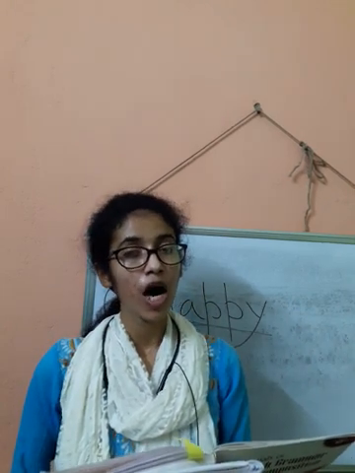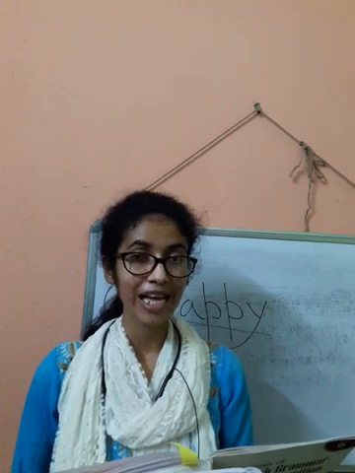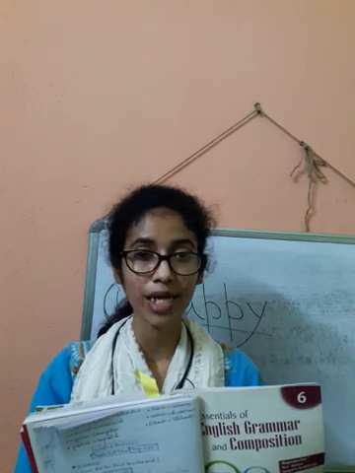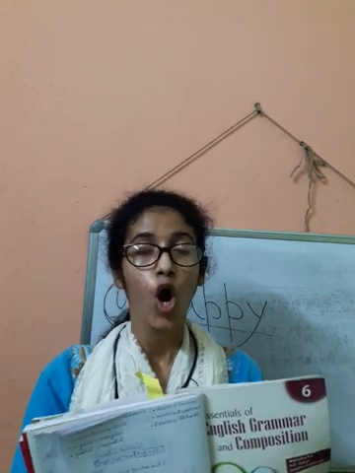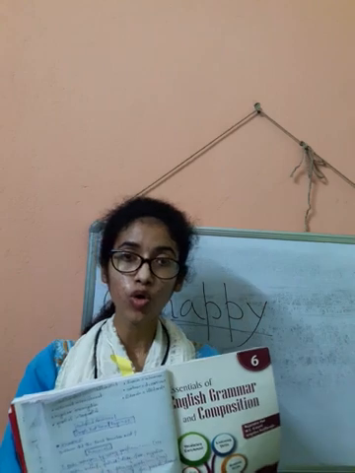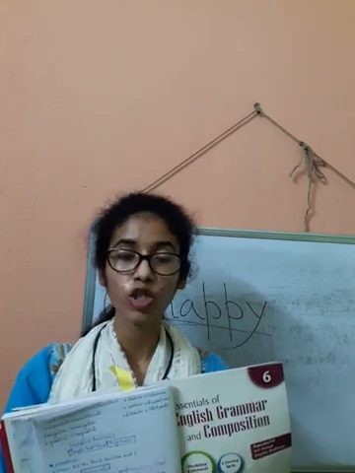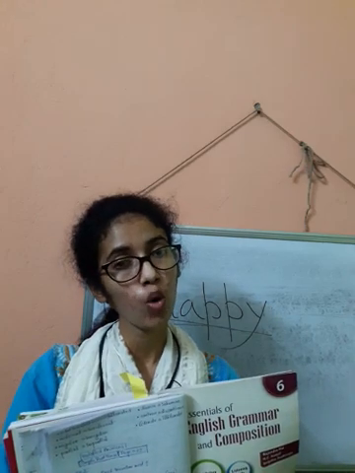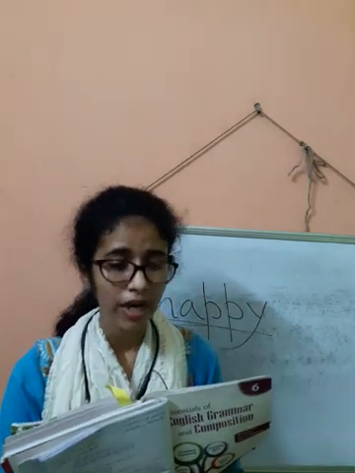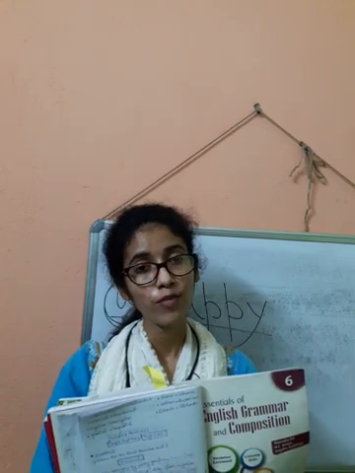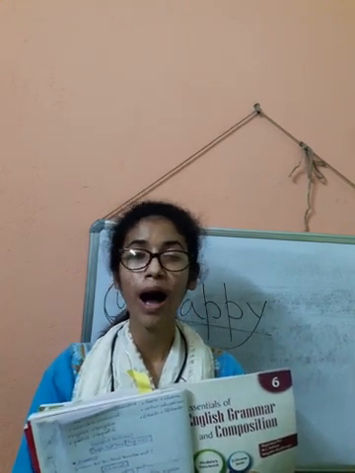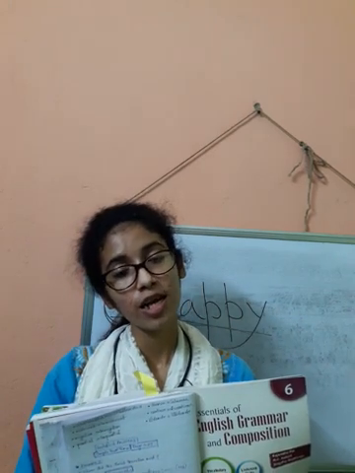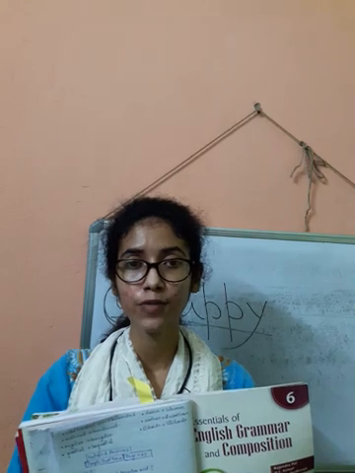But if a noun is used in a sentence as an object, how to detect the object? You need to frame questions after the verb with the words what or whom. So Navonita loves dogs. Navonita loves what?